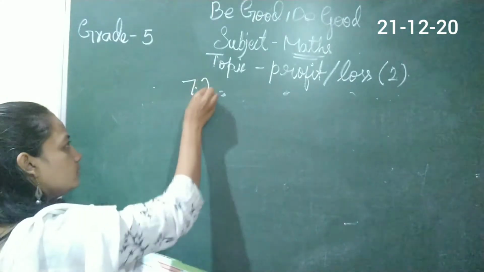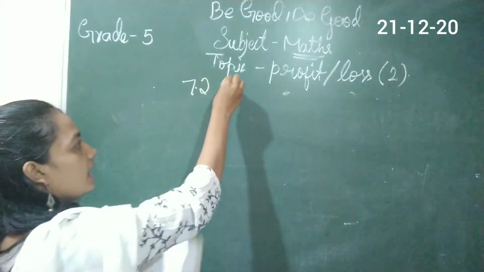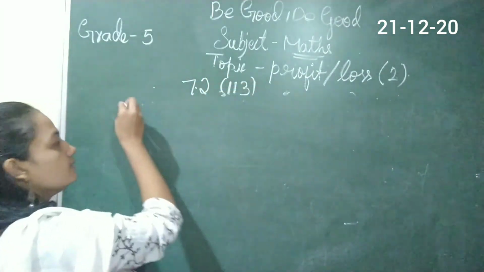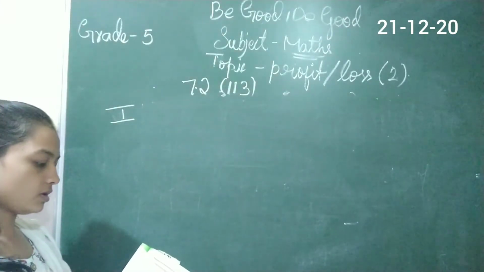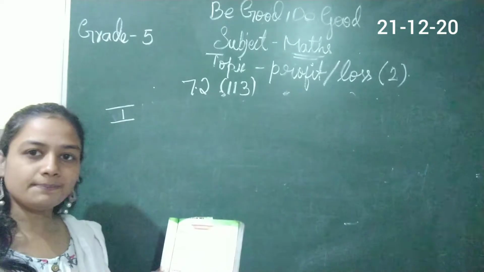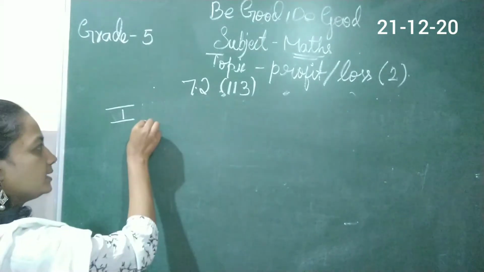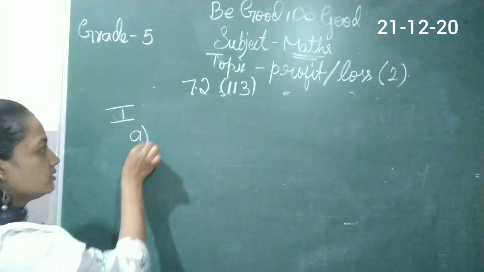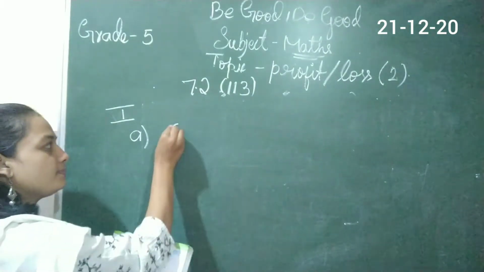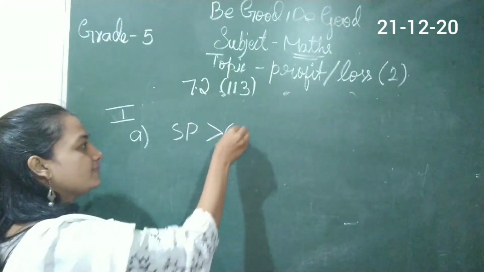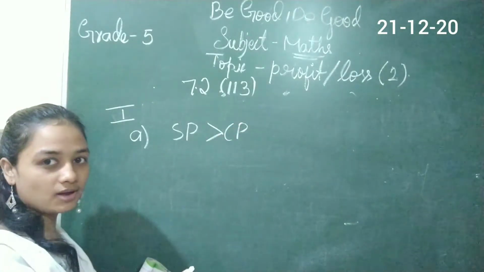Exercise 7.2, page number 113. First mean, find the profit or loss. So it is just like the previous one. We are going to find profit or loss. So first one, I have SP is greater than CP. So is it profit or a loss?